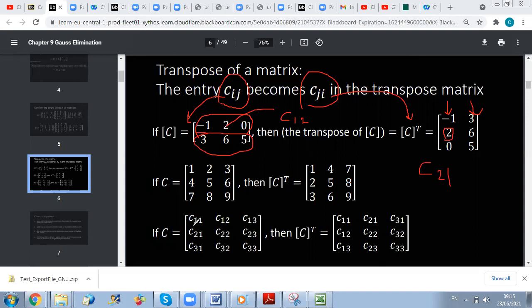In general, if C is given by C11, C12, C13, C21, C22, C23, C31, C32, C33, then the transpose matrix will be obtained as follows. The rows now become columns: C11, C12, C13, C21, C22, C23, and C31, C32, C33.